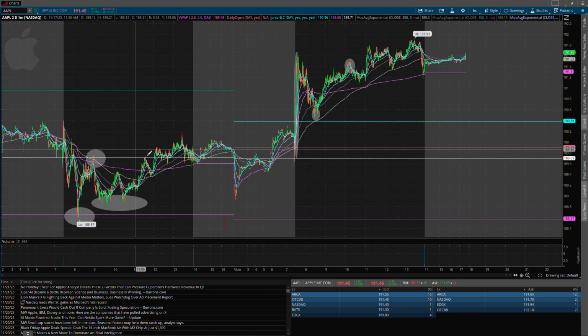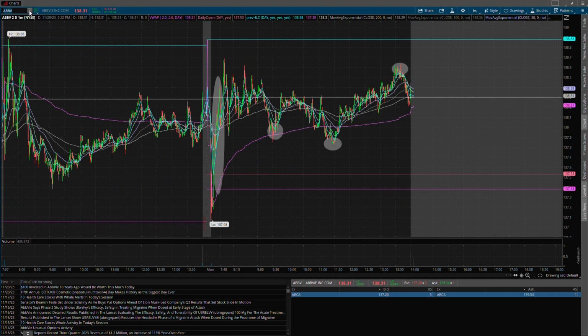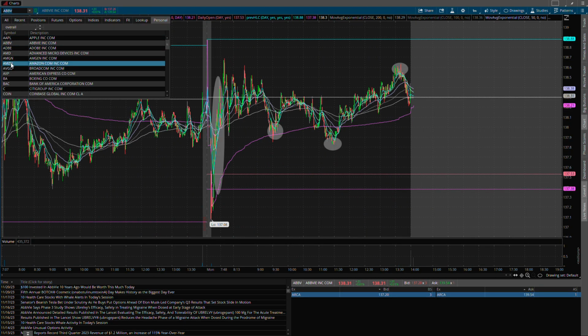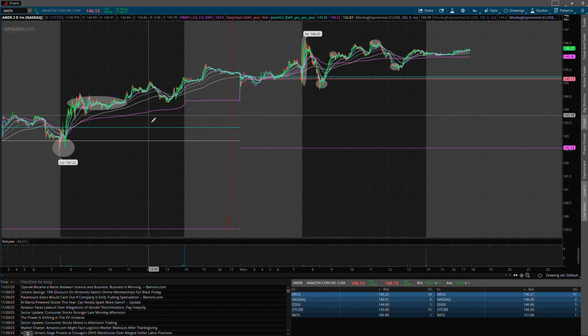That's essentially what it is. If I were to have gotten in here, it would have been a very good day. But it went sideways all day. I probably wouldn't have traded here, so I would have gotten out right there.